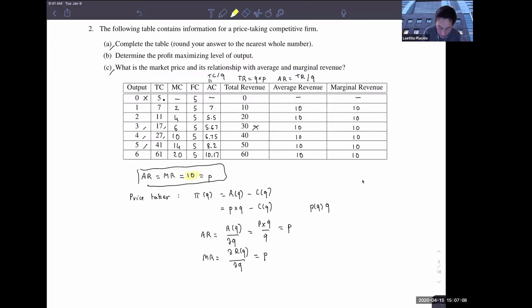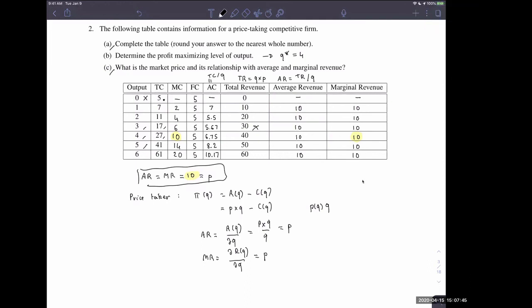So we are going to look in the table in the marginal cost column where we have a marginal cost of 10. So here, when I produce 4 units, my marginal cost is 10, my marginal revenue is 10. So I have no incentive to increase the production further, and no incentive to decrease the production. So the answer to question B: the profit maximizing level of output is Q star equals 4.